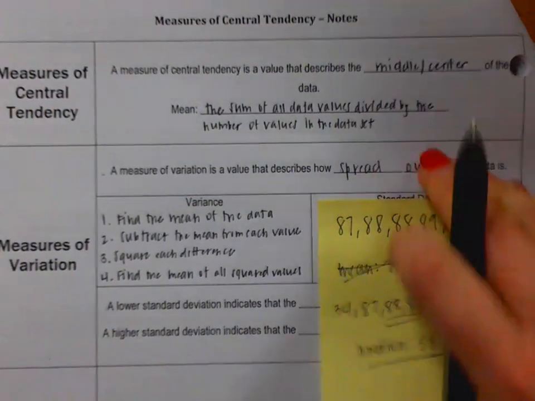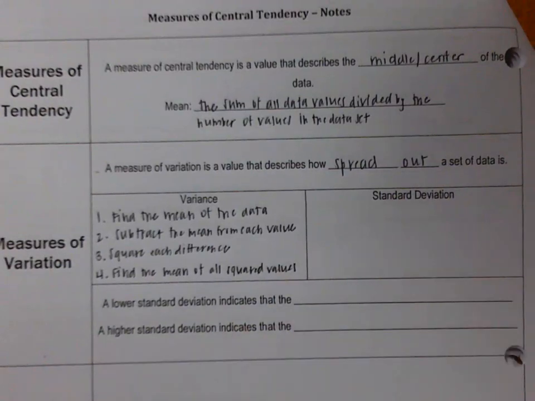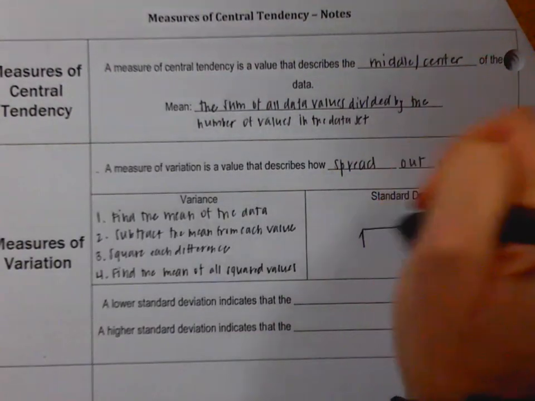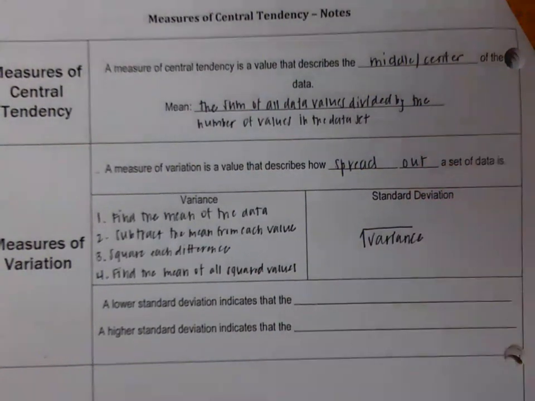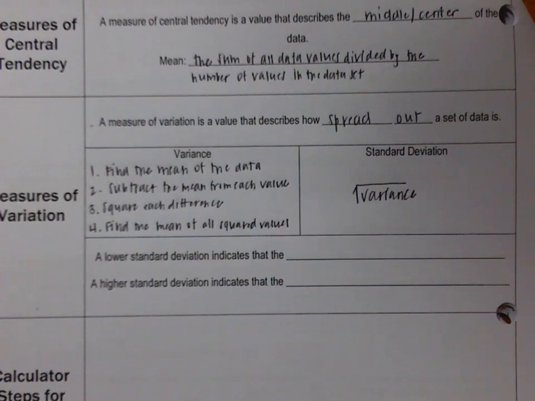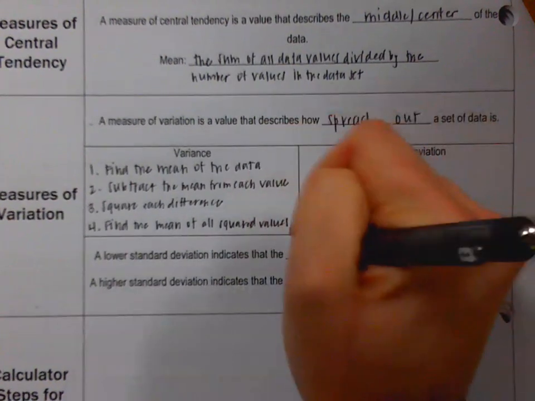That gets me the variance. Now the standard deviation basically plays off of the variance. For the standard deviation, you take what you get in the last step and then take the square root. So the standard deviation is the square root of the variance. When we have a lower standard deviation, it indicates that the values are closer together.